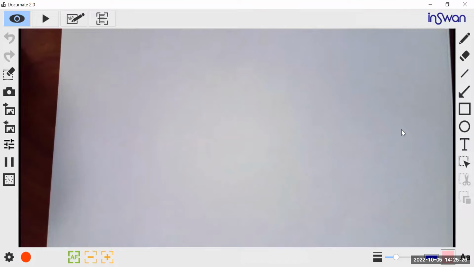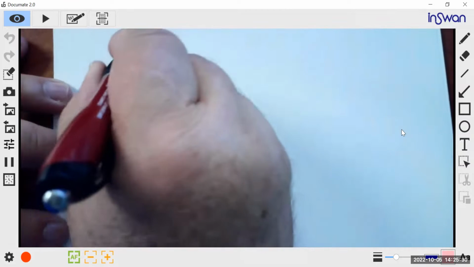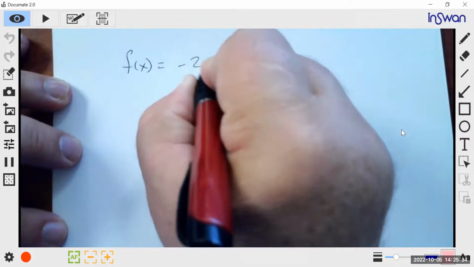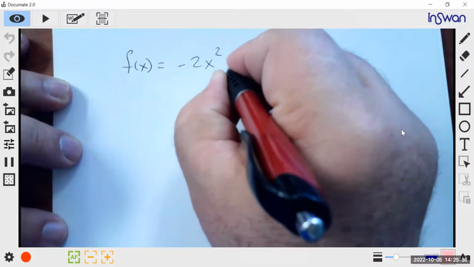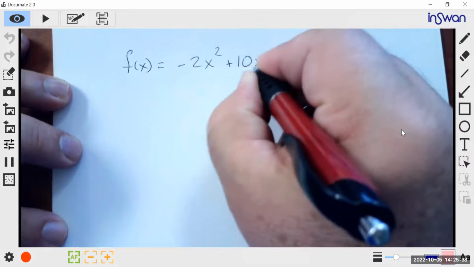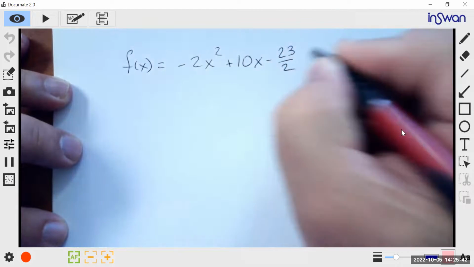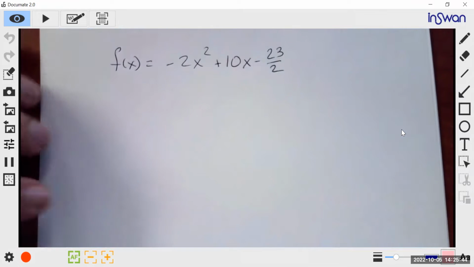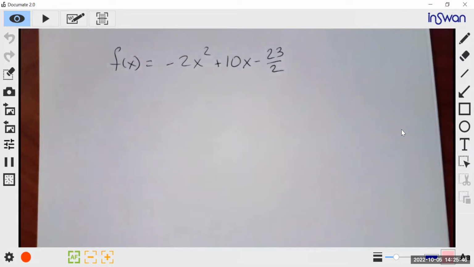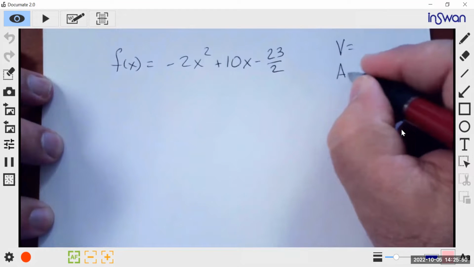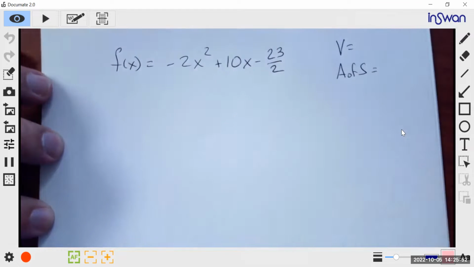Let me find one that has a coefficient. There you go. Find the vertex and axis of symmetry.